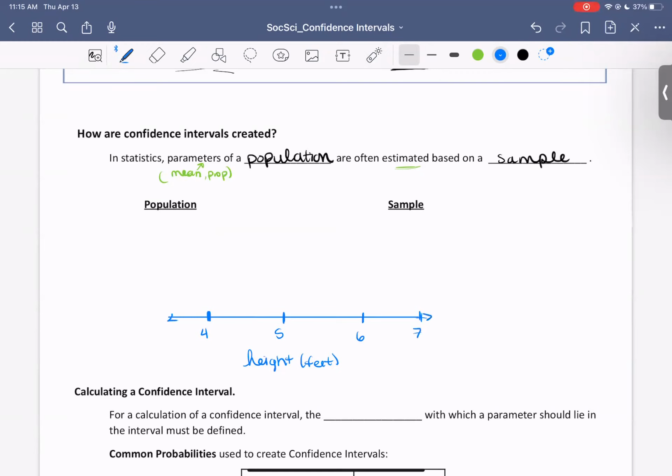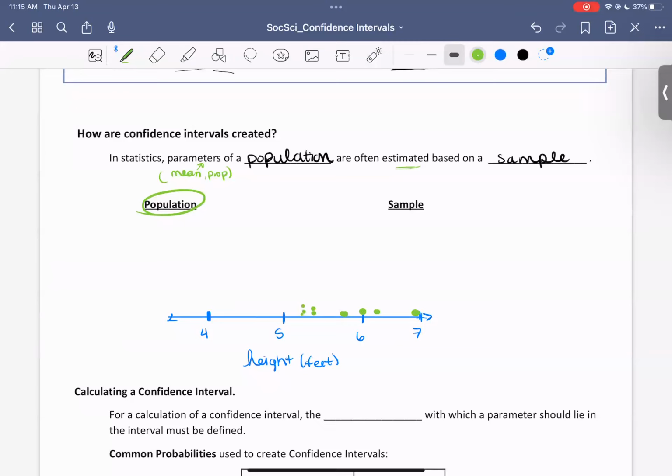Okay. So what I'm going to do is plot my population on this number line. So I'm just going to place a dot for each person in my population. So maybe our population is everyone at our school, all the students, all the staff, all the faculty. So for each of them, I'm just going to take their height and plot it above the given height that they correspond to.